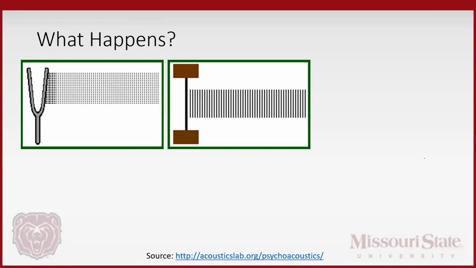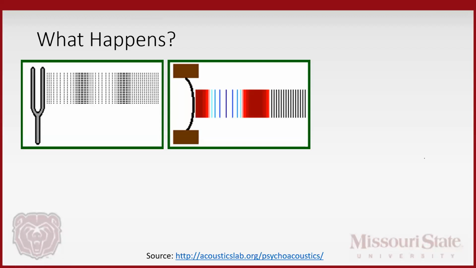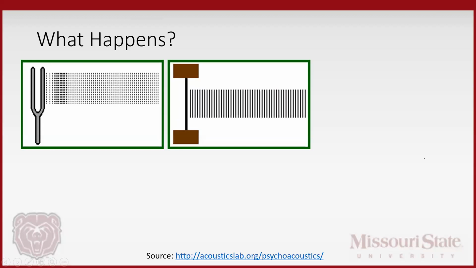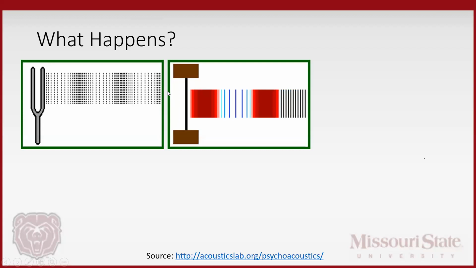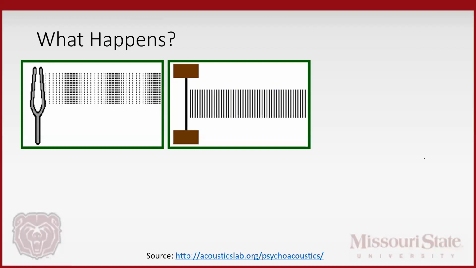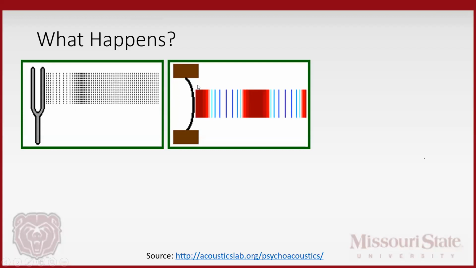When we apply pressure with a condensation, if there is higher pressure on this side of the tympanic membrane, it is going to push it inward. If there is a rarefaction hitting over here, that's a lower pressure, so it's going to pull the tympanic membrane outward. And that is happening back and forth, sending the signal.